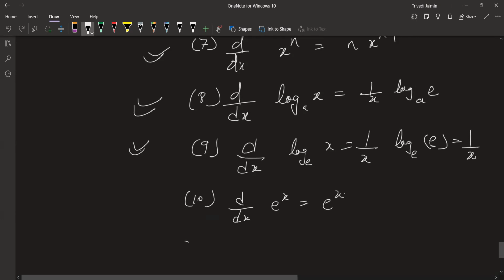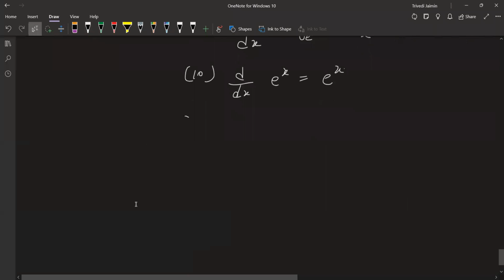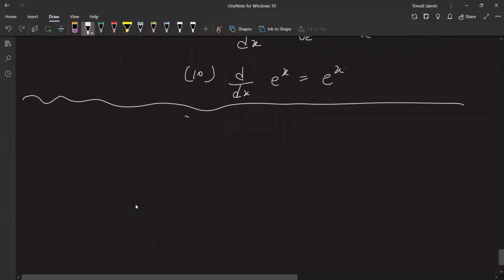Okay, let's do some questions. Done, everyone? Yes. Okay. Before that, some rules are required, right? As they don't know, I have to give some rules. First rule, I'll just tell you orally. When we are differentiating with some constant, like d by dx of k times a function of x, k is a constant, so it is treated as a constant and taken outside.